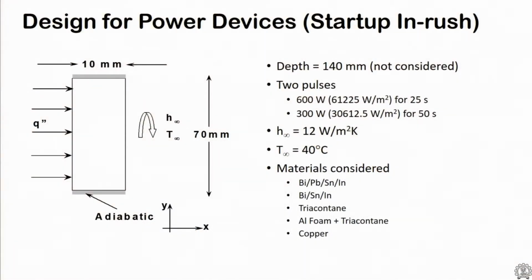In many power electronics situations, for example when you have capacitors or inductors, or a motor drive, during the startup there is a high inrush of current, and for a fixed voltage one would see that the power dissipation is quite large for a very short period of time, for example 60 seconds in some cases.